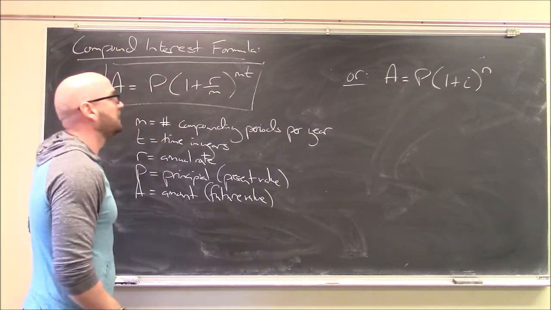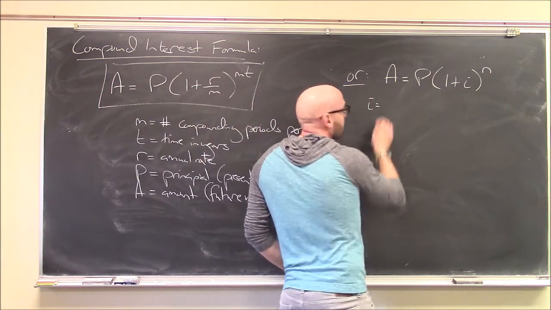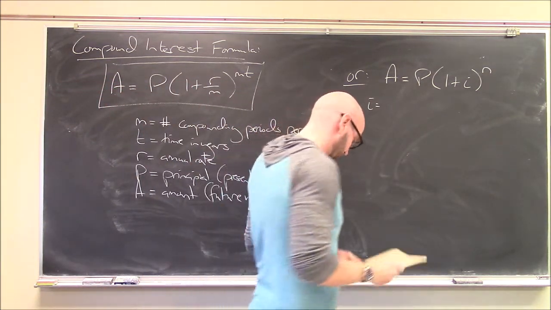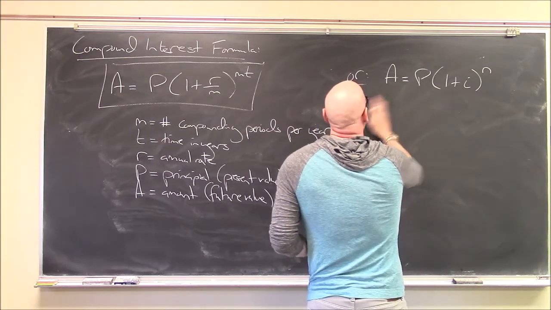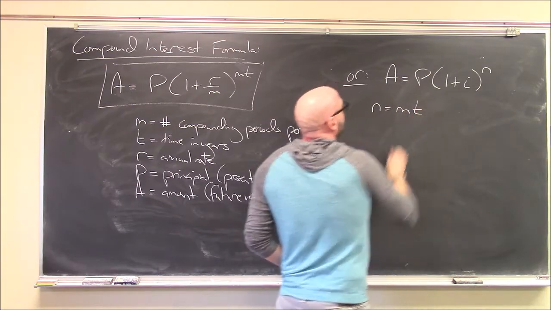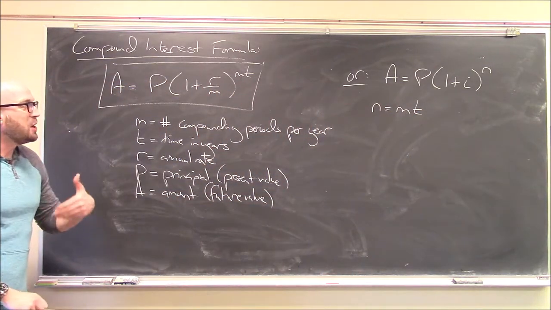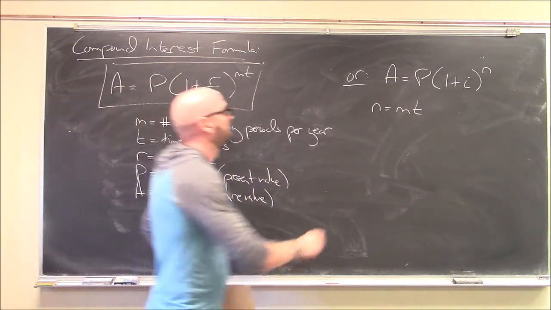So all they've done here is they've substituted in a couple of things. Actually, let's go in a slightly different order. n is just m times t. Right, so it's the total number of compounds.